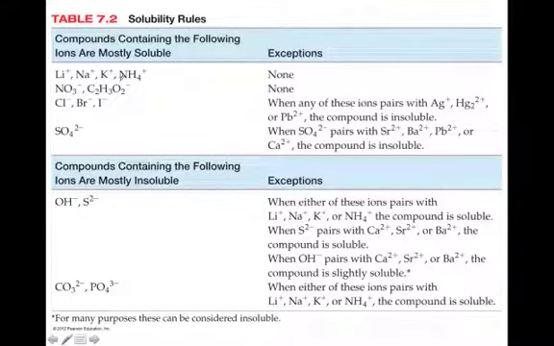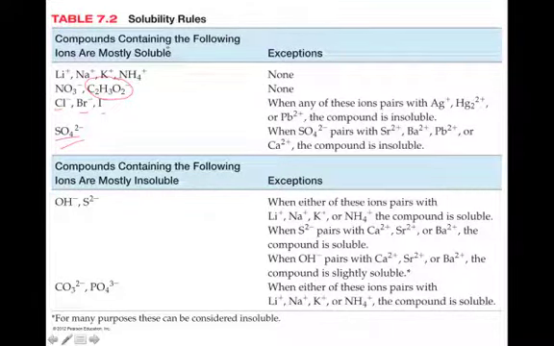Nitrate, acetate, that's not one that I told you had to learn last time, but now you need to know it. That's the acetate ion that makes acetic acid. Chloride, bromide, iodide, so the halogens, will always be soluble. So think about sodium chloride, soluble. Potassium bromide, soluble. Calcium bromide, soluble. Sulfate ion is usually soluble.